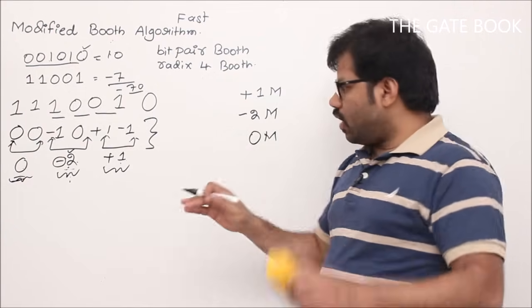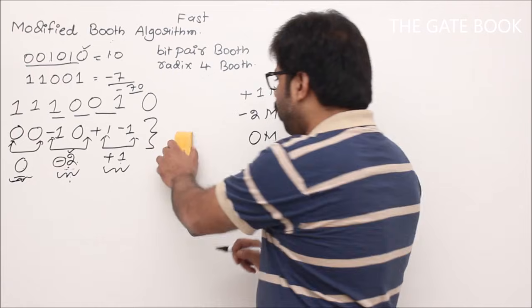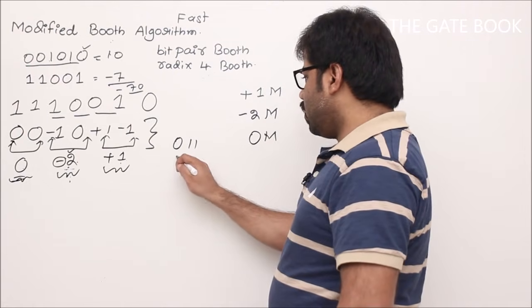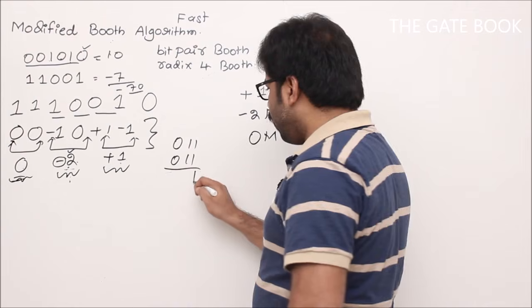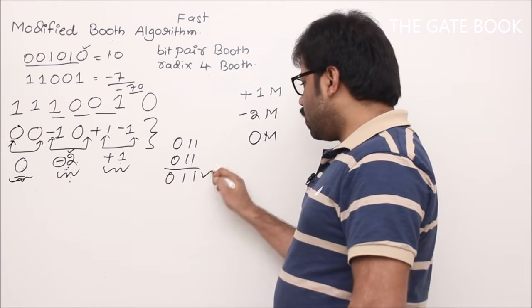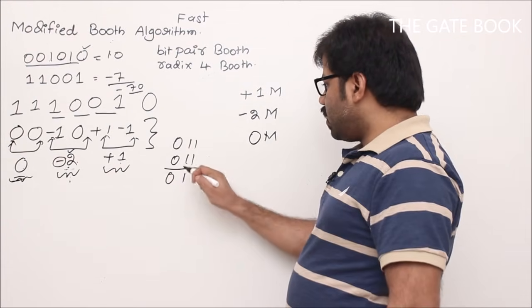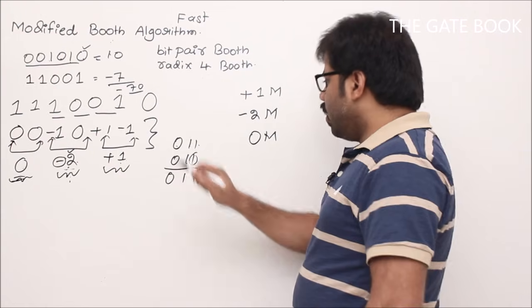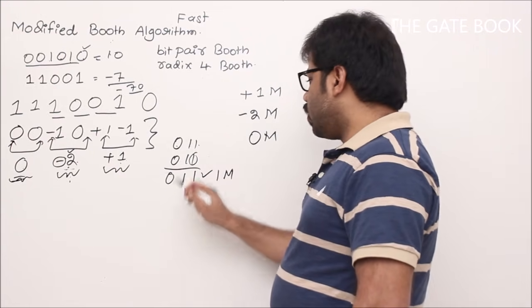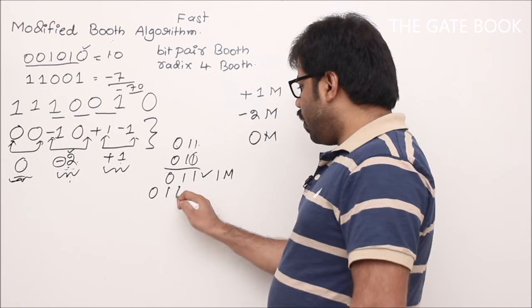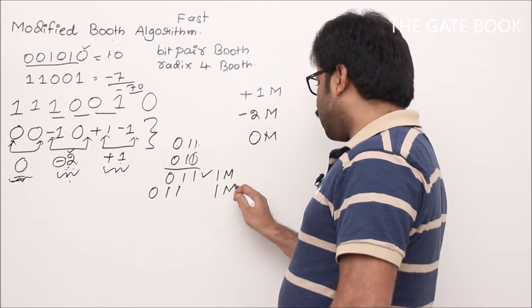Whenever you apply binary multiplication 0 1 1 0 1, recall. So why here is it 1 1 1 1 1 1 0? Why is it 0 1 1? Because here the operation is 0 1 1 into 1, right? That is equivalent to 1 into m. Now here also, next step 0 1 1 we add, but 1 into m, right?